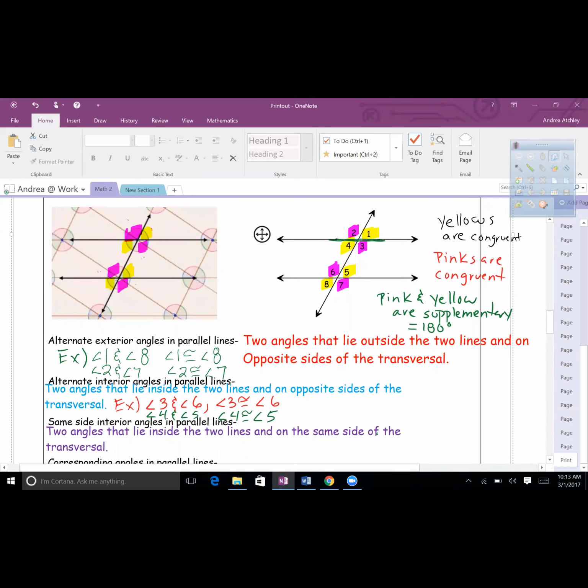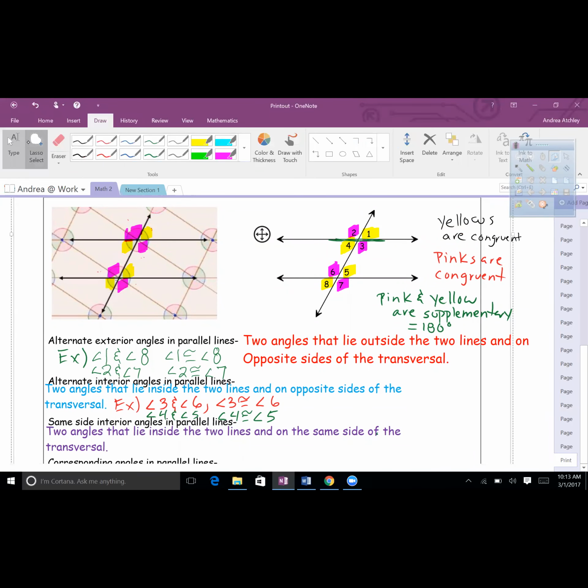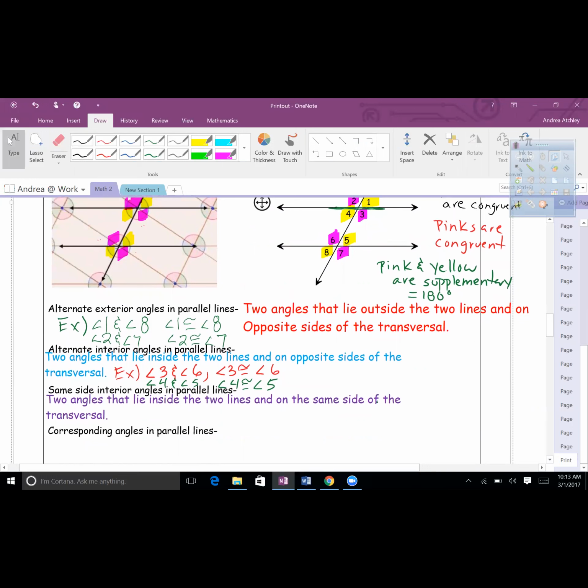Okay, so we look back. The two angles that are inside, 3, and the one that's on the same side as it is 5, 3 and 5. So those are same side interior. Angle 3 and angle 5.